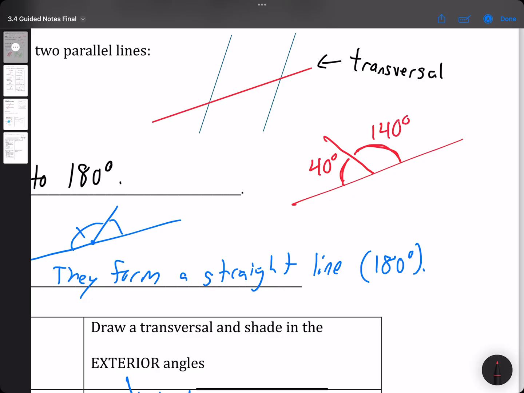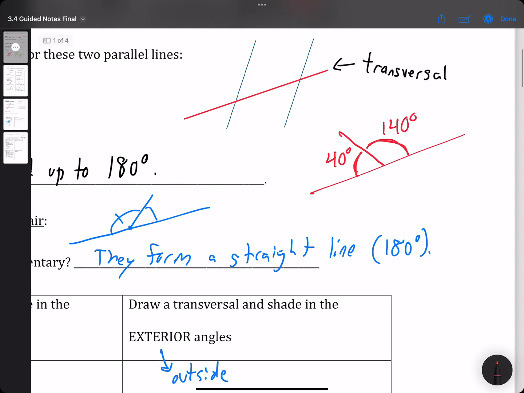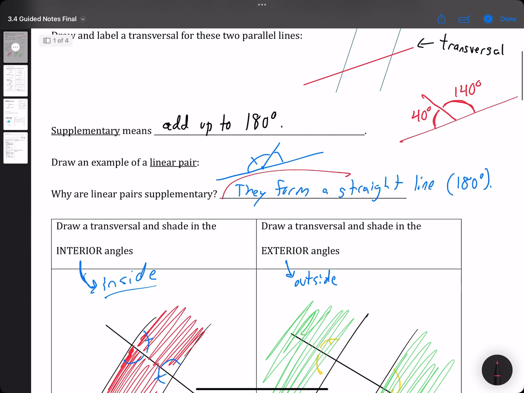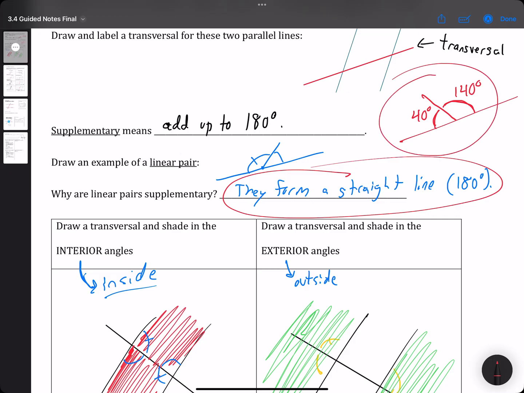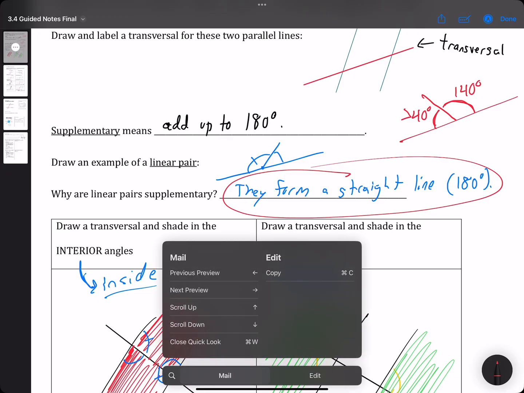They always have to add up to 180 because they form a straight line, 180 degrees. So linear pairs, which are these connected pieces formed by a straight line, these two angles next to each other, are a linear pair. Why are they always supplementary? Well, they add up to 180 degrees.